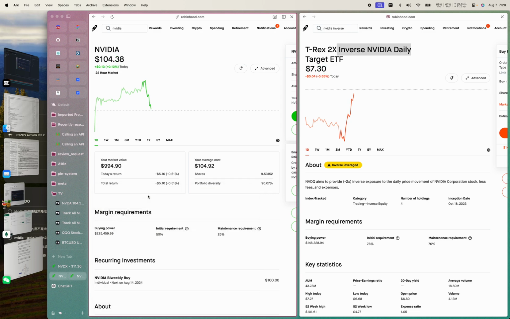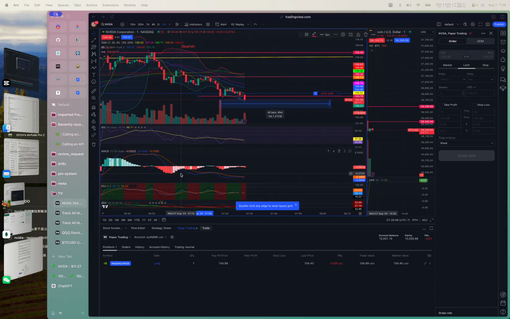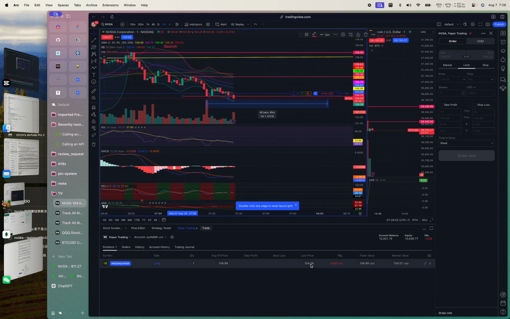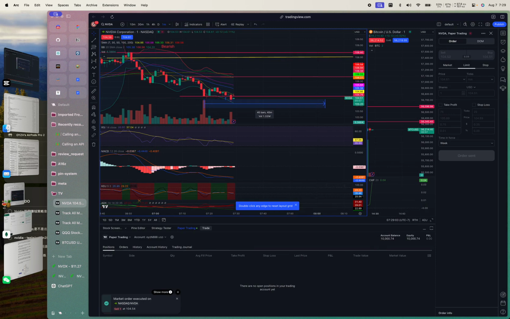Yeah, it looks like we are going in the wrong direction, which is what we expected. I told you that this is a wrong operation, so I'll show you what you should do right now. The correct thing is just close this position. That's it, because I already told everybody this direction is wrong. So I will close it.